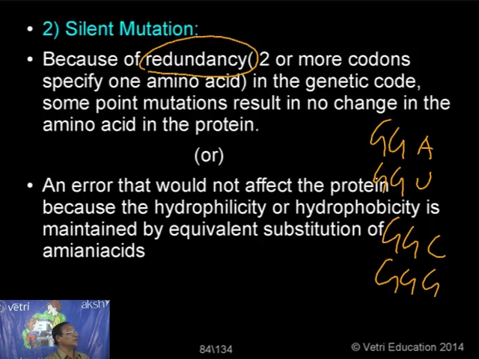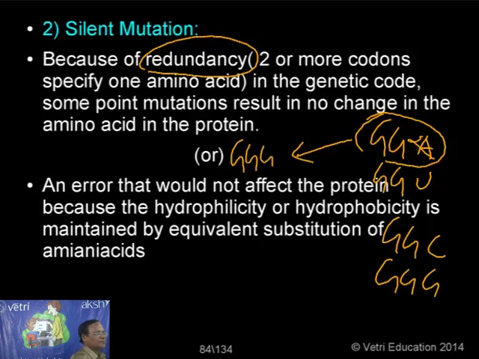And because of that, what will happen? Some point mutation. Suppose this is a normal codon for glycine. It underwent mutation so that this A has been replaced, so we have, for example, triple G. So mutation occurred, but that mutation is not expressed because we have all 4 codons.